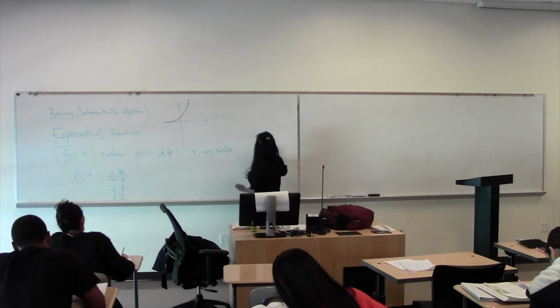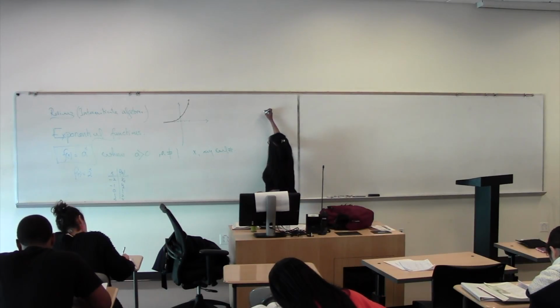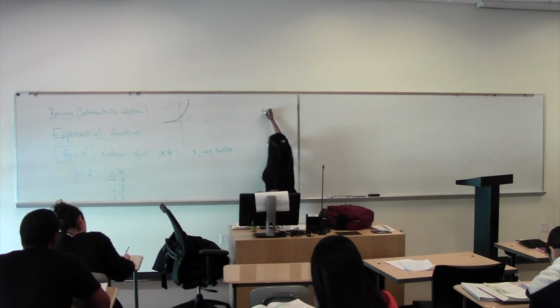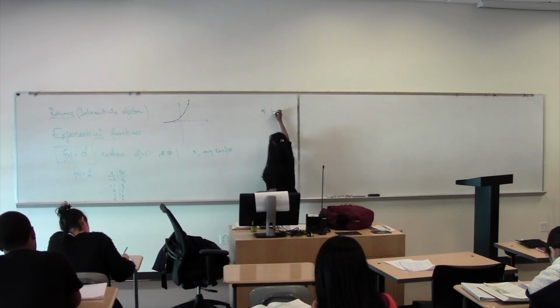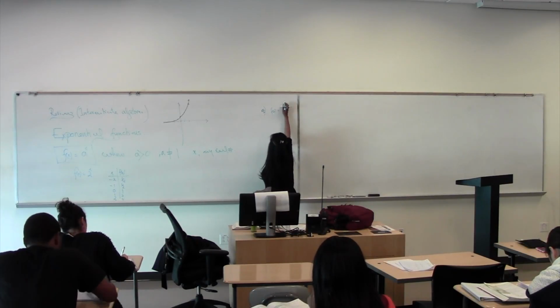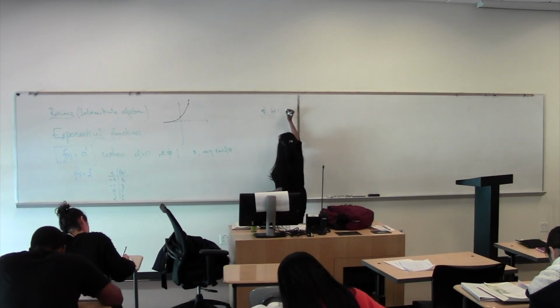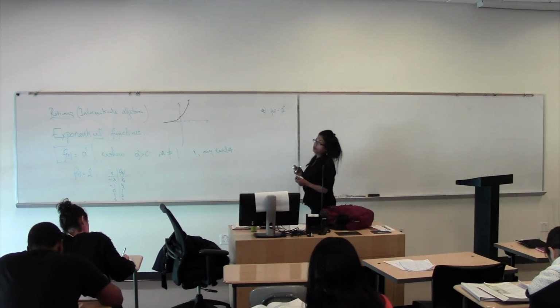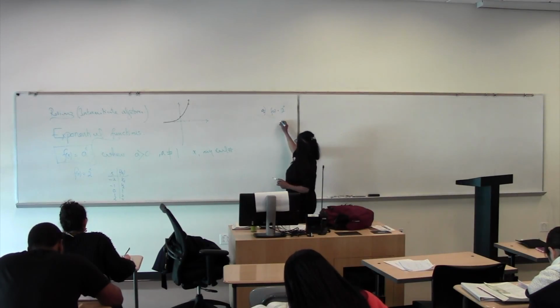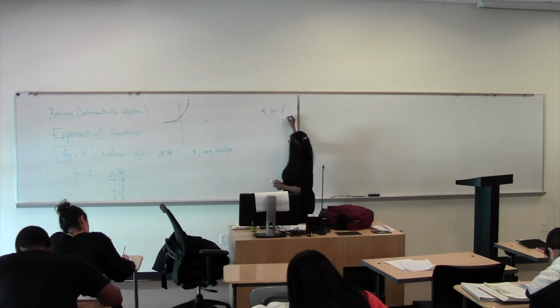So now I'm going to do the same thing. Another example, another exponential function. F of x is equal to 2 to the -x. Whenever we have this, I can write this as 2 to the -1 times x. Can I do that?